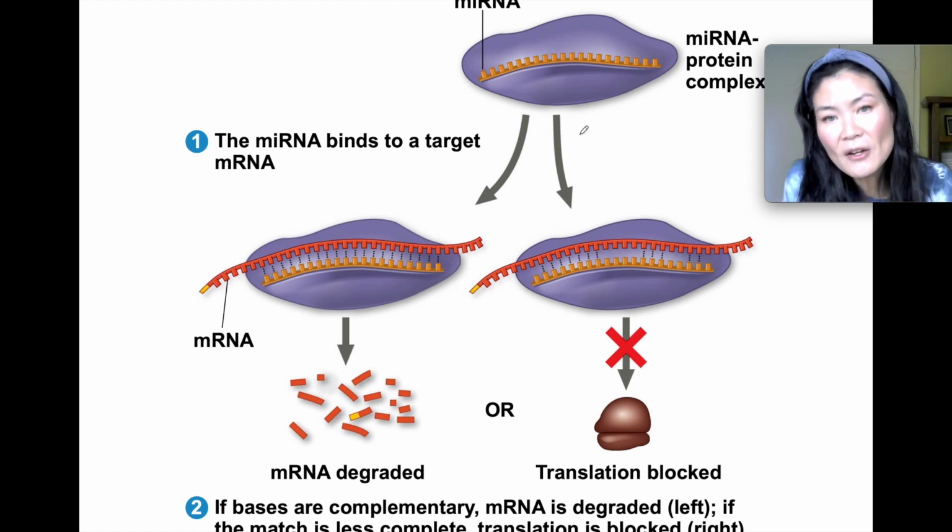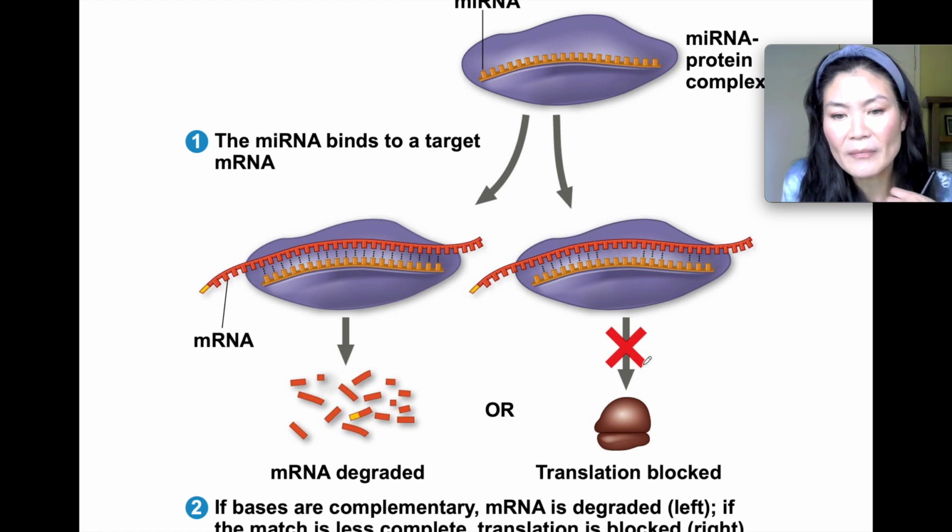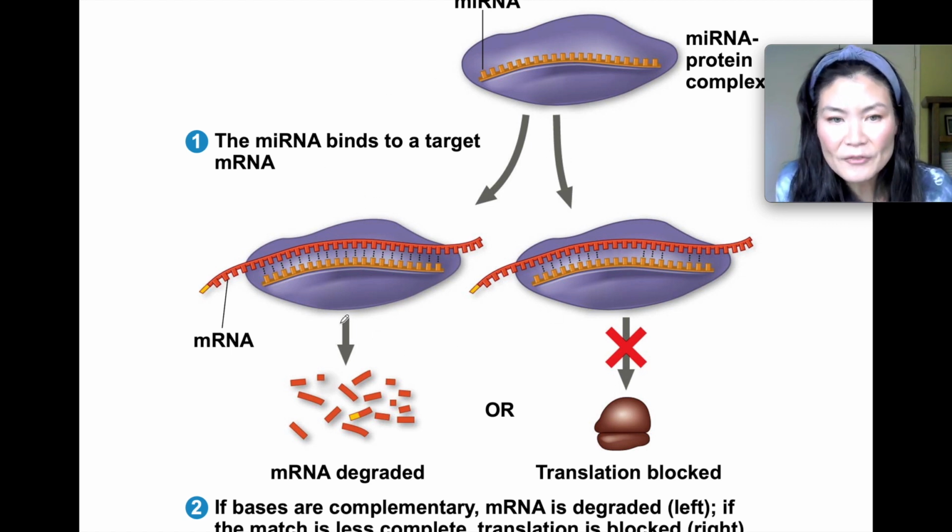That miRNA with that protein complex is complementary to that mRNA, and it's going to block the ribosome from translating it. So when we talk about gene expression and protein synthesis, this is an example of a gene being turned off after transcription.